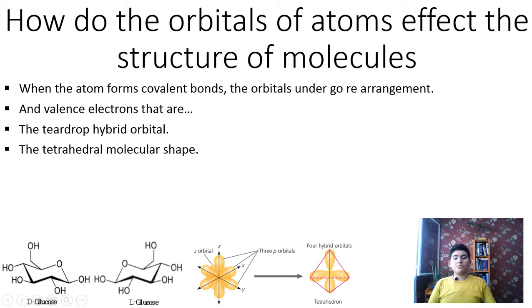Why are their names like this? Because their atoms are arranged differently inside the molecule, and that makes D-glucose have different characteristics than L-glucose. So the arrangement of atoms is important as well.